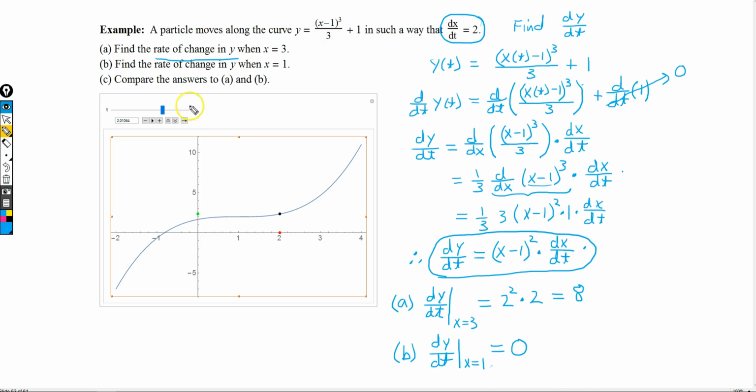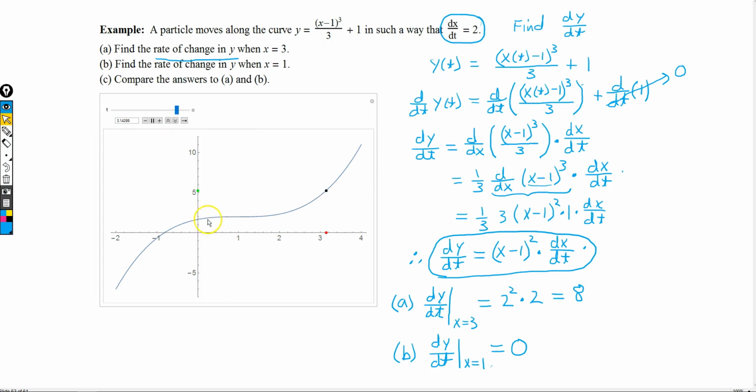And then for part C, just comparing the answers, well, we just see that at this point in time when x is equal to 1, it looks like the y component will come to a stop. Its velocity, it stops for an instant. Whereas when x is equal to 3, the velocity of the y component is 8, which is actually faster than the velocity of the x component. Now let's take a look at the graphic here and see why these two values make sense.